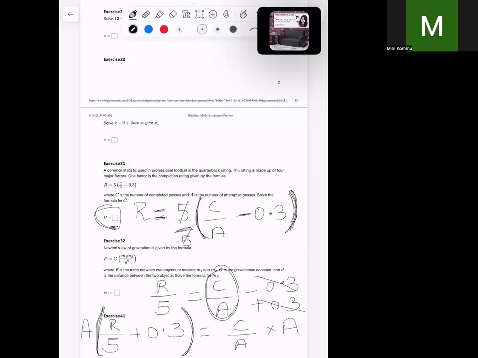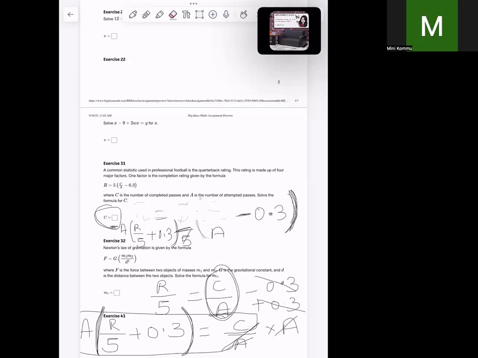Now you have your equation. See, this A and this A get cancelled. I'm sorry, it's so messy because I'm running out of space. So you have C is equal to A times (R over 5 plus 0.3). That is your answer. I'm going to write it over here. C is equal to A(R over 5 plus 0.3). That is your answer, guys.